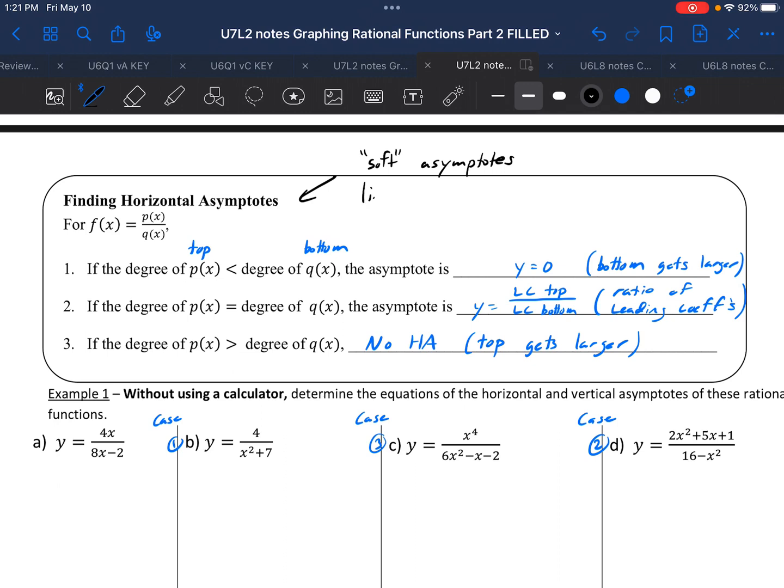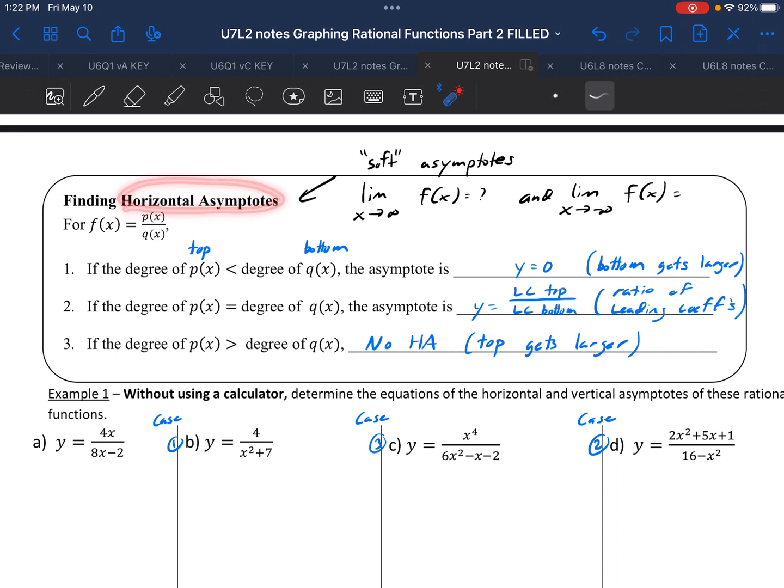So they tell us the limit as x goes to infinity of the function, and also that's going to be the same end behavior as x goes to negative infinity. A lot of times they will not get crossed, but it's not a guarantee that if you have a horizontal asymptote it won't get crossed.